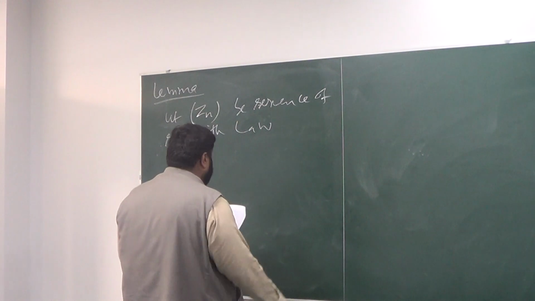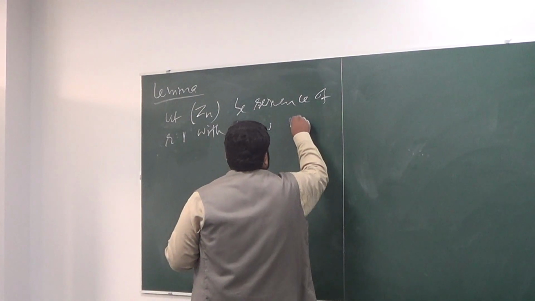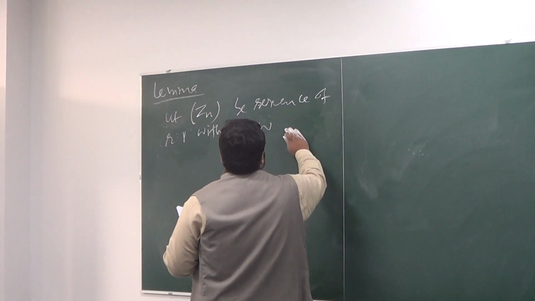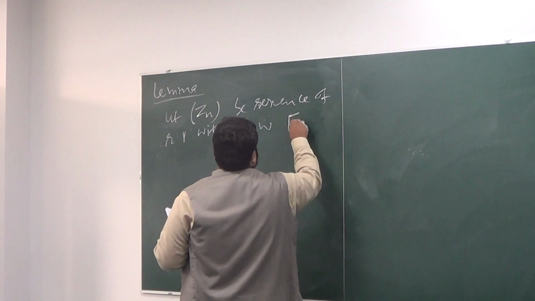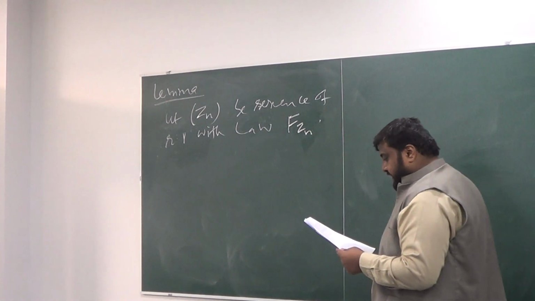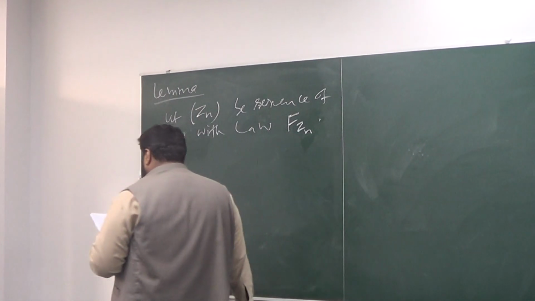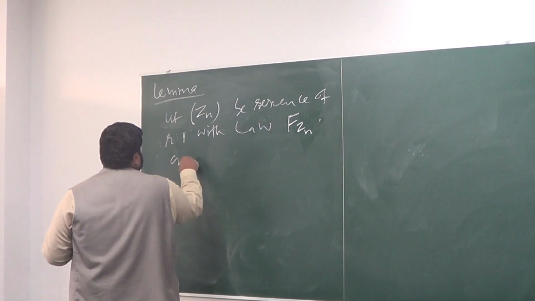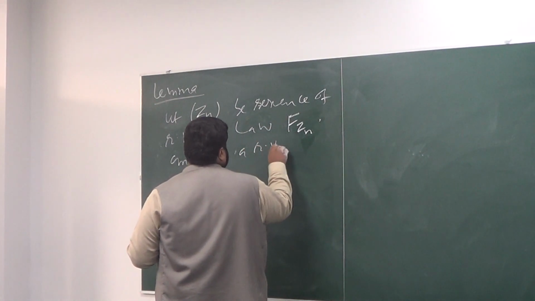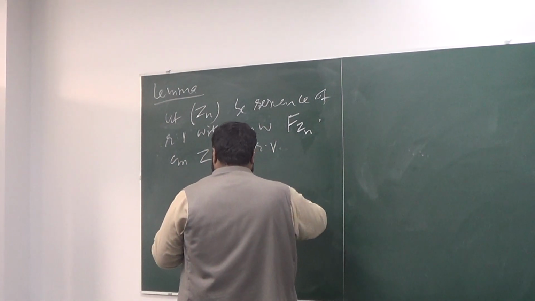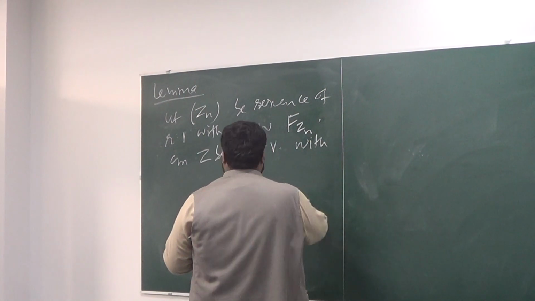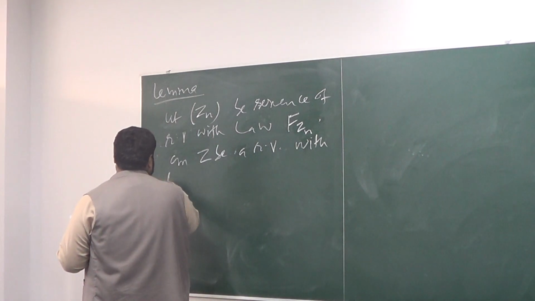So the law F_Zn, in other words, these are distribution functions. And let Z be a random variable with law F_Z, distribution function F_Z.